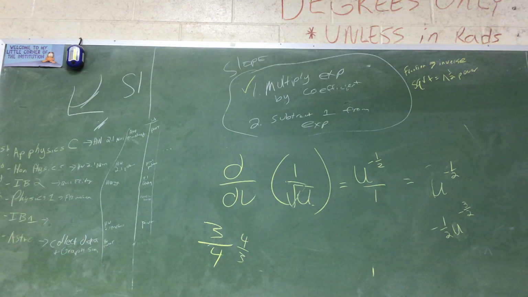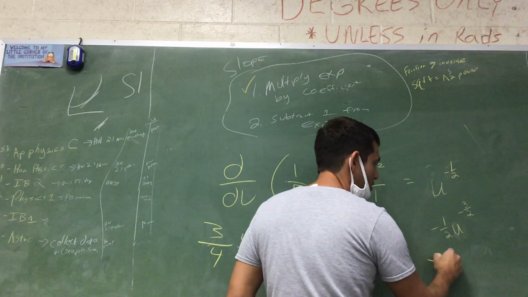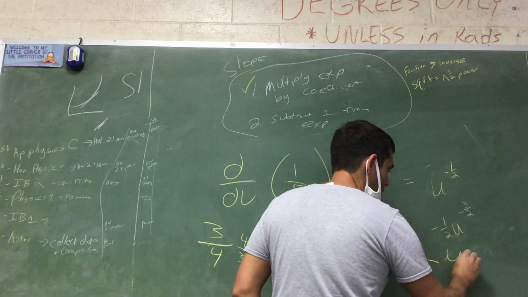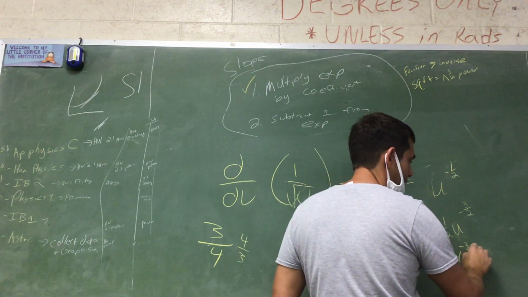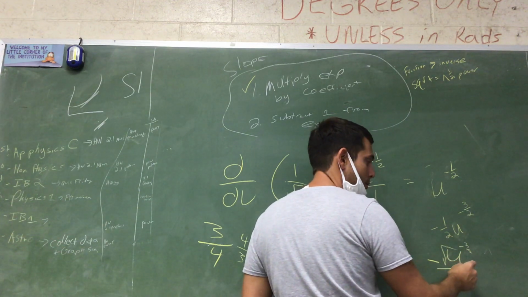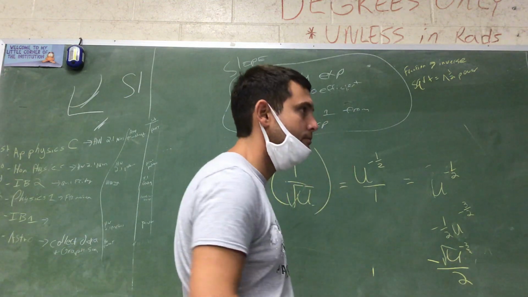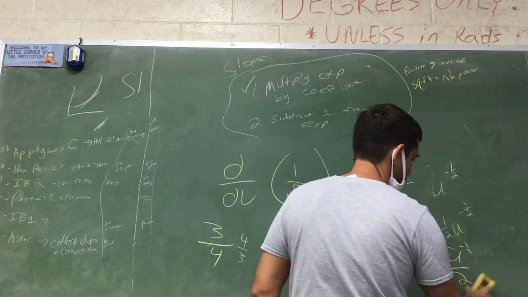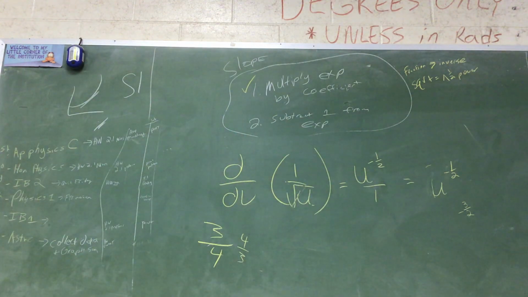No, negative u over 2, and the u is to the negative 3/2. Oh, okay, you're thinking square root because the coefficient is an exponent. That was a hairy one. That's a weird one.